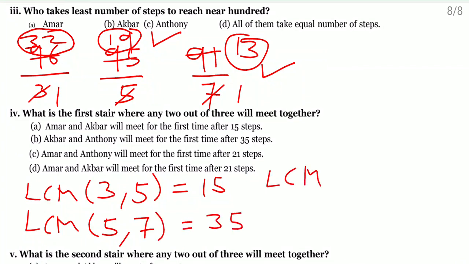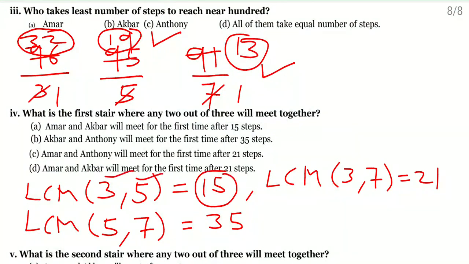And LCM of the first one, that means Amar, and the last one, Anthony. Amar is 3 steps, so here 3 and 7, 21. See, so on 15th step they will meet. Correct? Because these are less number of steps. So here Amar and Akbar will meet for the first time after 15 steps. So option A is the correct one.